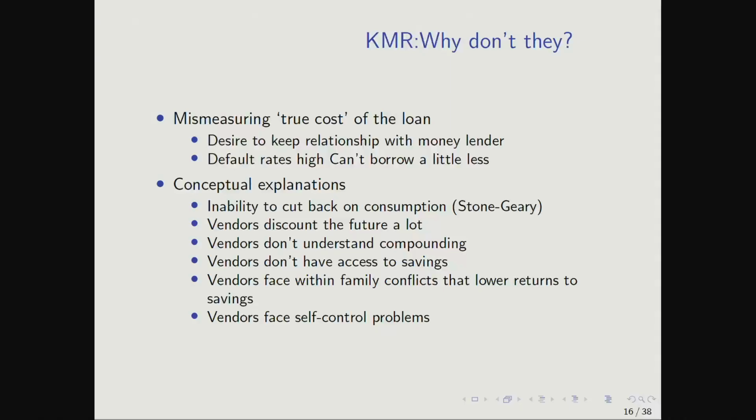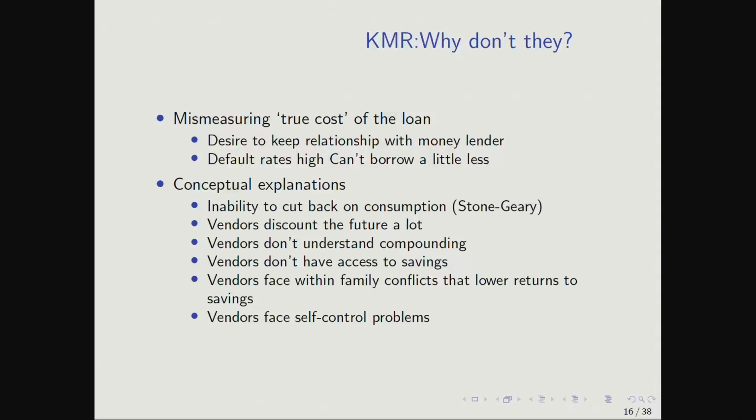So one possibility is that the true cost of the loan is different. This is how the moneylender or wholesaler is working with them. Maybe you're not allowed to borrow a little less. You have to do everything on credit or everything without credit. So there is some fixed thing. Maybe you can't cut your consumption.